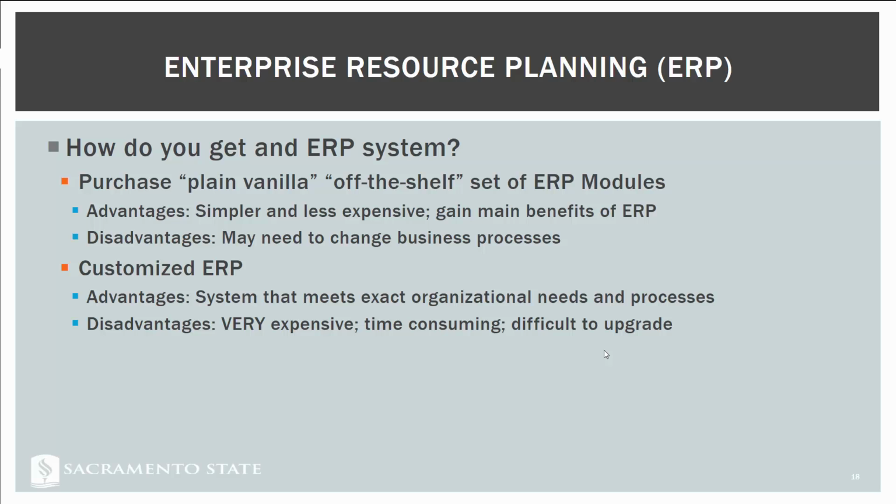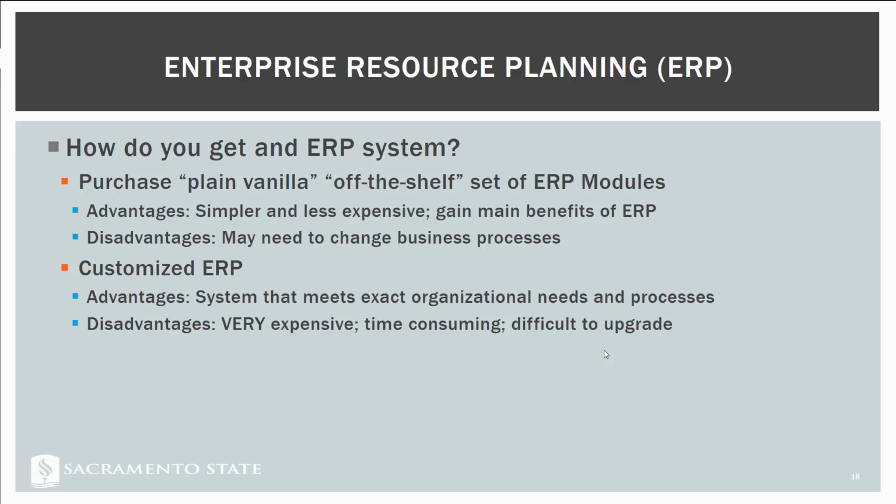We're just going to go with the system plain as it is. Well, what's the advantage of that? Well, it's a lot simpler, and it is less time-consuming to implement a kind of off-the-shelf system of ERP. We get most of the advantages of an enterprise system, the centralized database and the standardized processes.